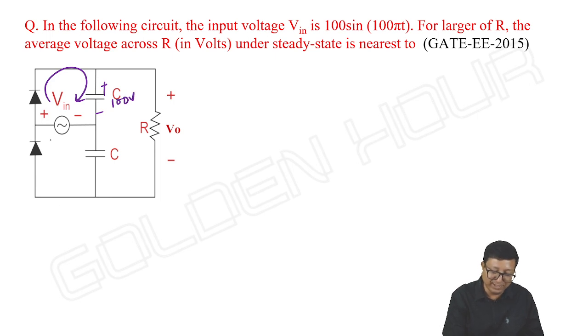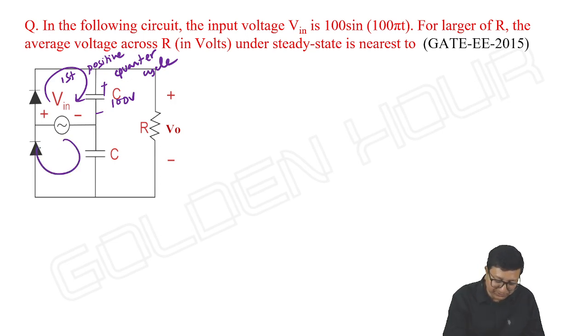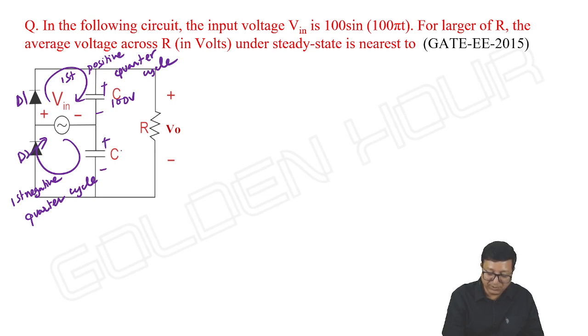And during the first negative quarter cycle, D2 will be on, and capacitor C2 will charge up to Vm, that is 100 volts. Overall output, it is a voltage doubler, no, 200 volts, 2 Vm.